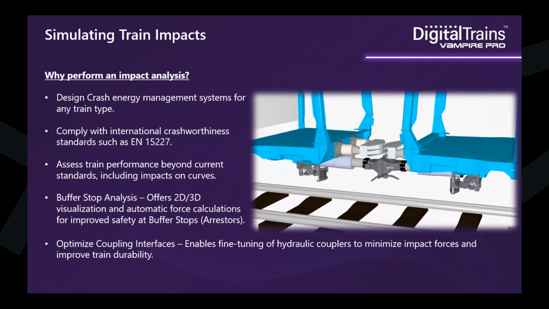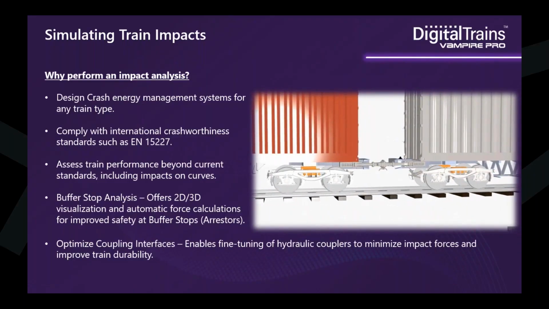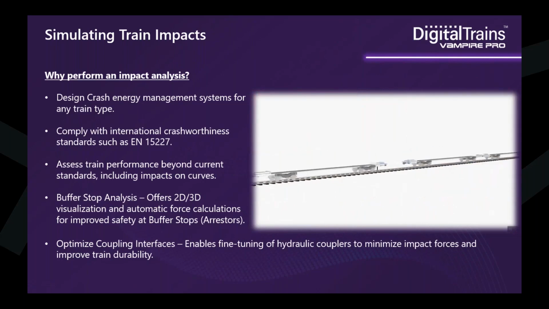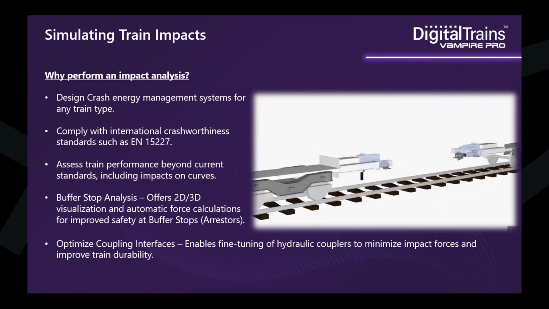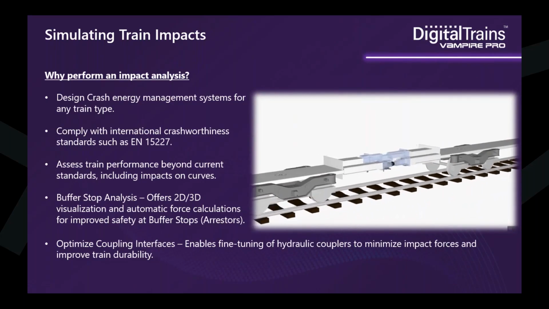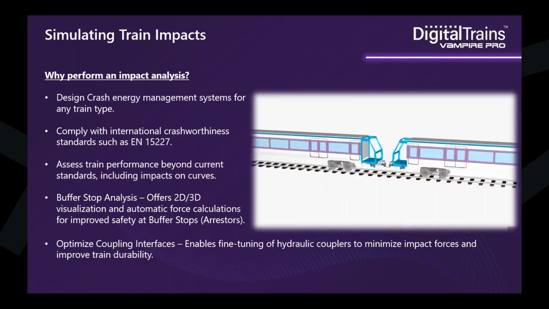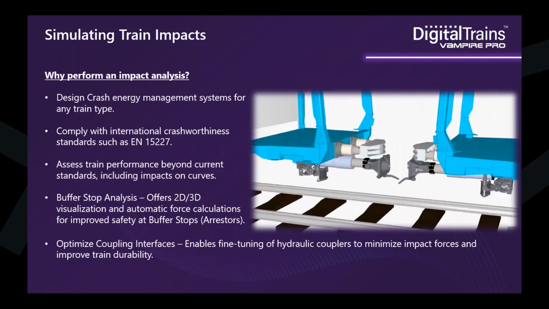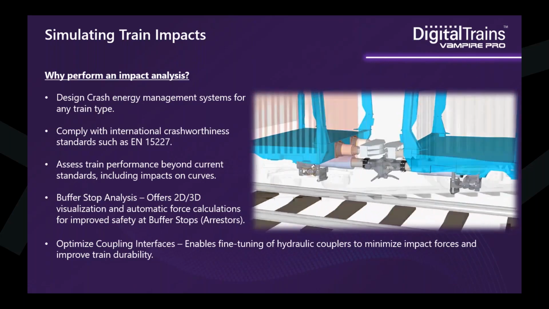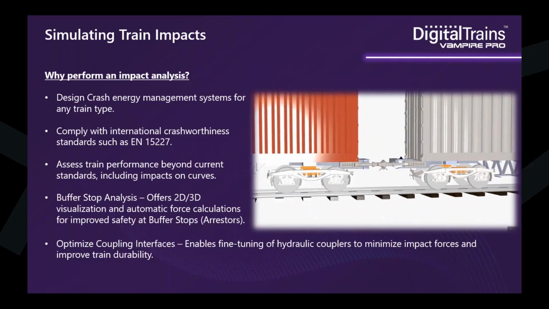Crash energy management systems control where the impact energy is distributed within the train when a collision occurs and ensure the vehicles do not override or derail. Modern trains are designed to perform to crashworthiness standards, and in Europe, this is the EN 15227. DigitalTrains allows analysis of the performance of the train beyond the requirements of the current standards. For example, we can also simulate impacts on a curve or impacts involving trains with uneven loading.